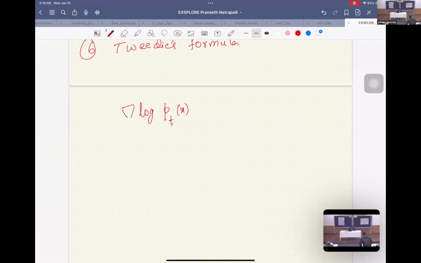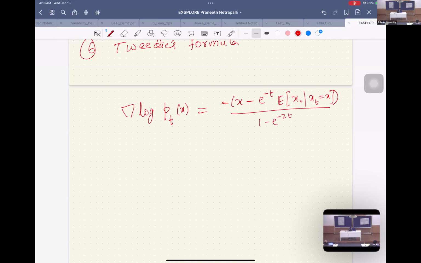Okay, so what Tweedy's formula says is the following. So grad log pt of x, which is what we want to compute, is minus x minus e to the minus 2t.